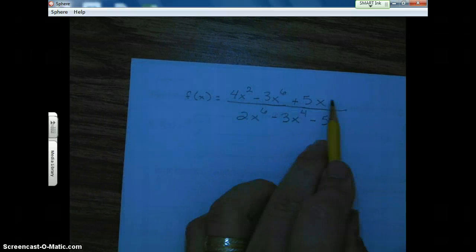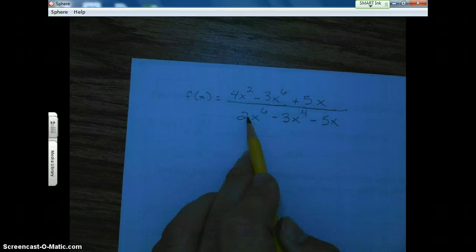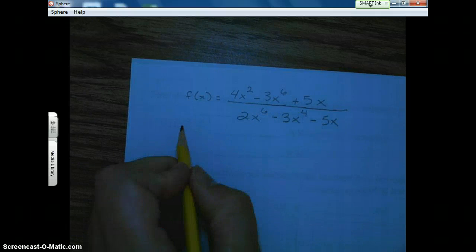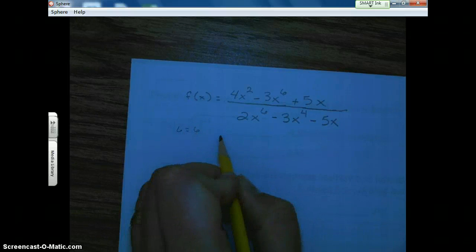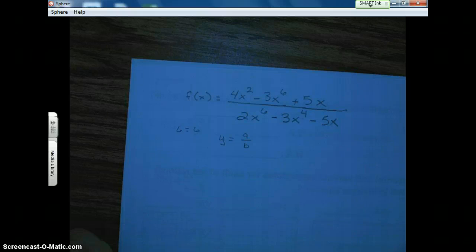The degree is the largest exponent. We're looking for the degree, which is 6. So the degree is the same. So 6 equals 6. So y equals a over b is going to be our horizontal asymptote.